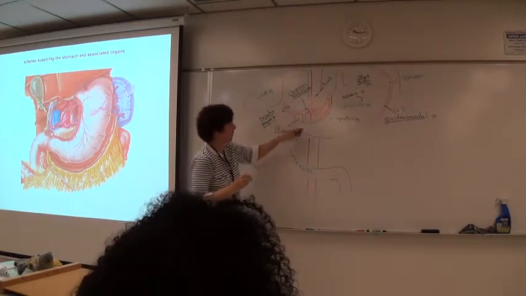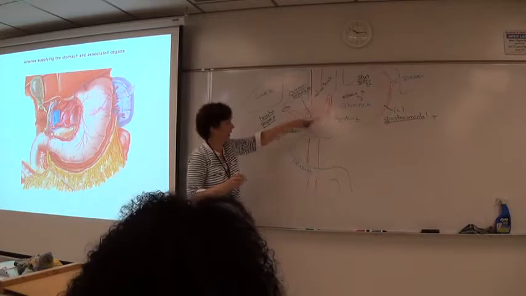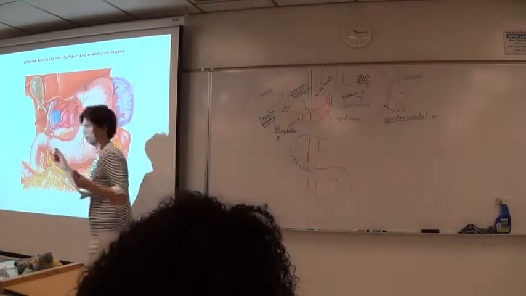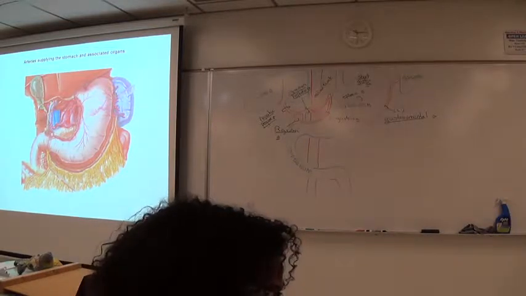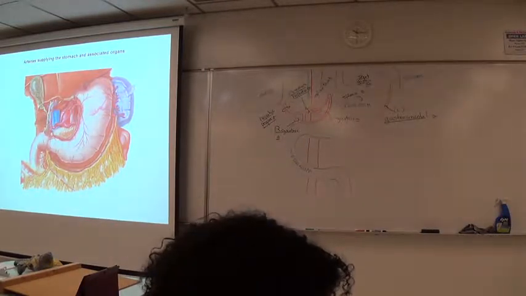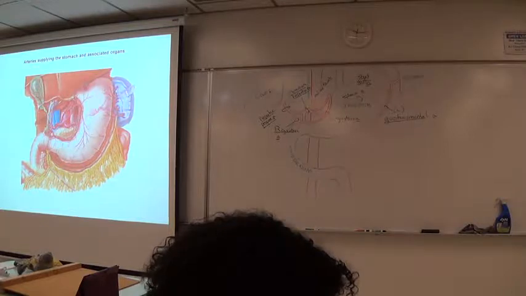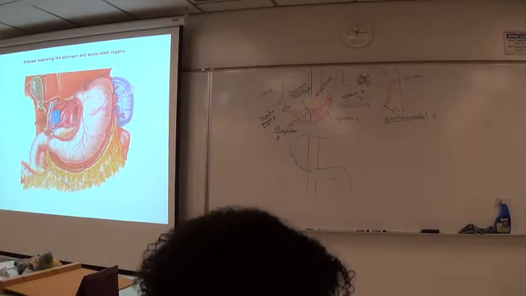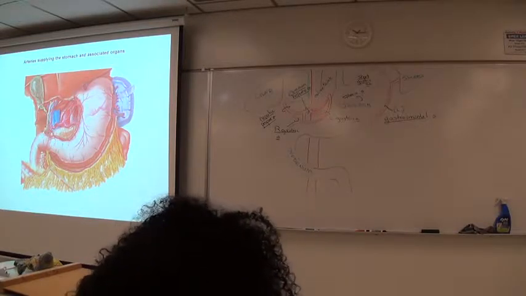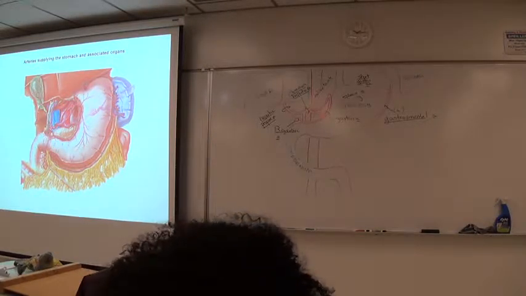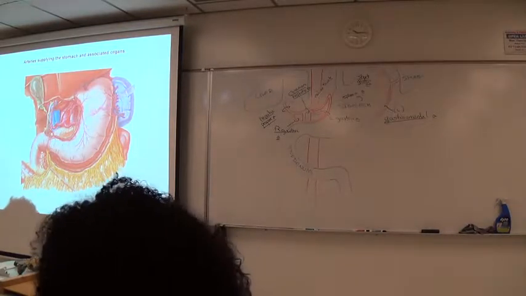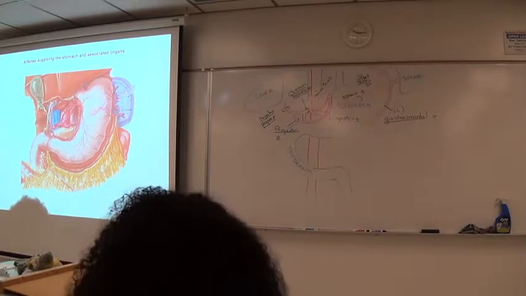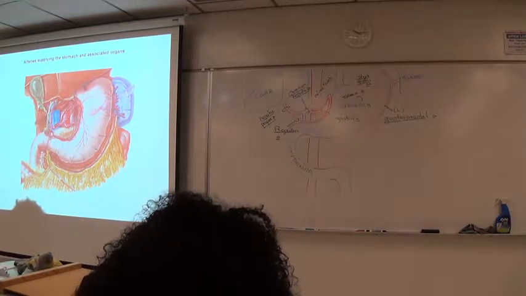The right gastric joins the left gastric to form this vessel. Two vessels joined together and found on the inner curvature of the stomach. So that's what we see right here. This would be that anatomical position. So here would be the left gastric, here's the right gastric, and they form one single vessel.